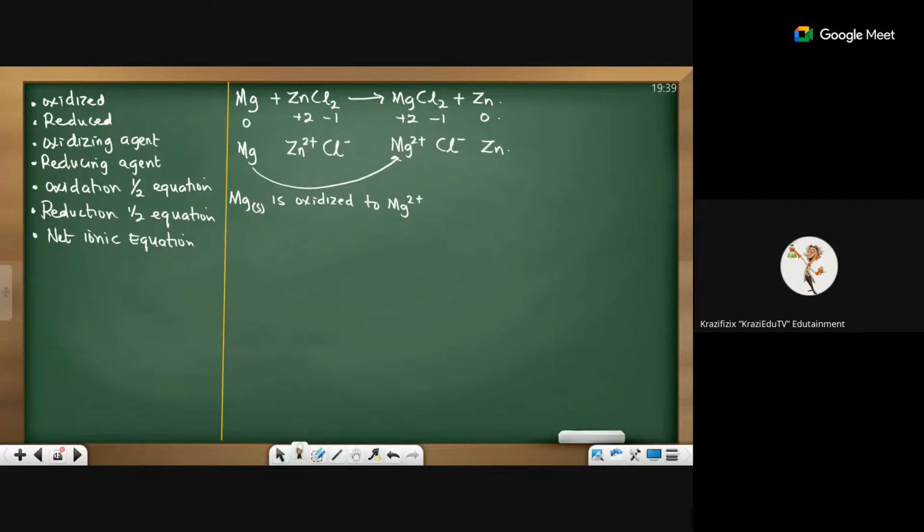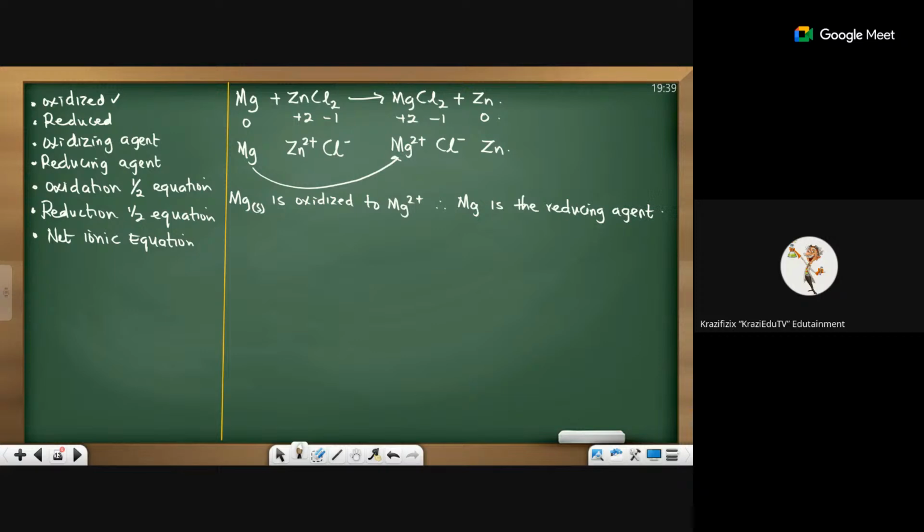I have done the first one. What is oxidized? Mg. Can we conclude that therefore Mg is the reducing what? Agent. Please take note. Whatever is oxidized is the reducing.